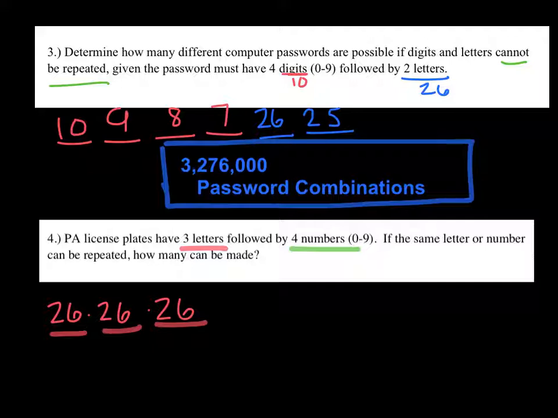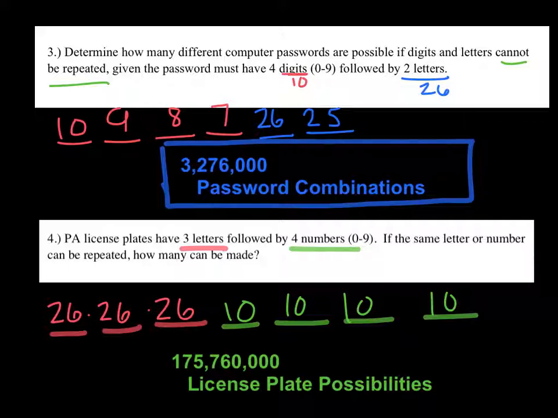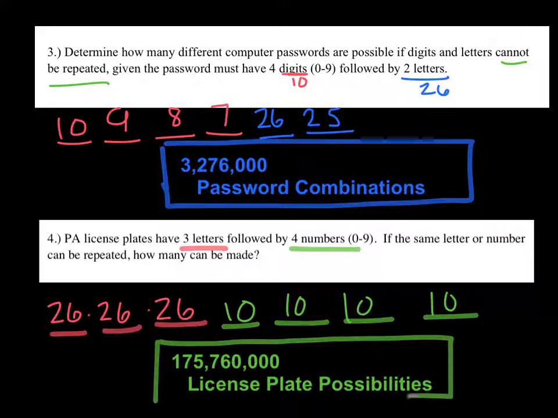And then for your 4 numbers, if we can repeat them, it'll be 10 times 10 times 10 times 10. So you multiply it all together, and you get 175,760,000 possibilities for license plates that use 3 letters and 4 numbers.